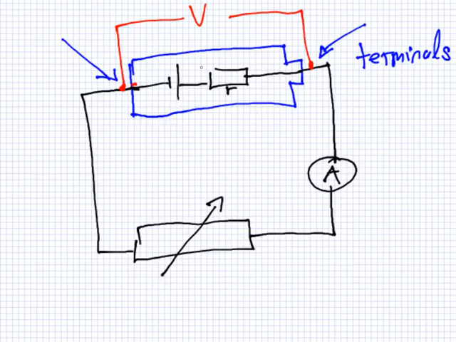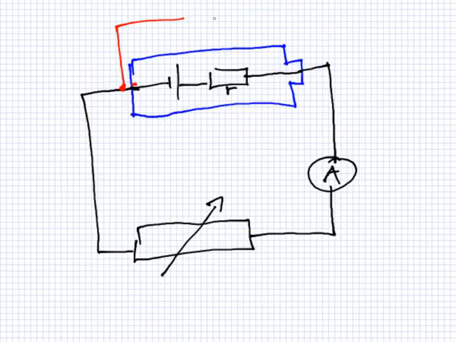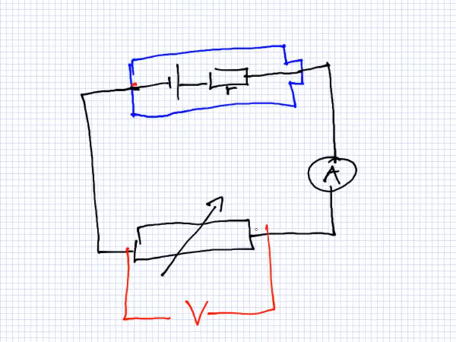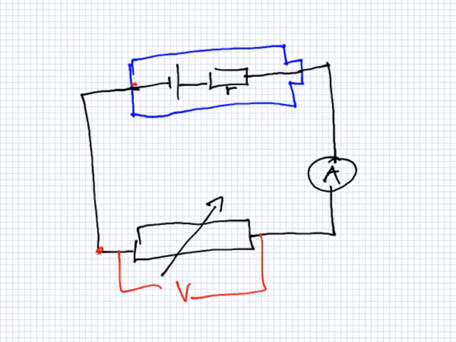And I don't like drawing my voltmeter on the top. I like drawing my voltmeter down the bottom, because in my brain, it makes more sense because I'm looking at the voltage through this. So I should put the voltmeter around it. You understand? No? What do you need? Just 1 second, man, to look up. If I put the voltmeter here, do I get the same number as if I put the voltmeter here? Yeah.